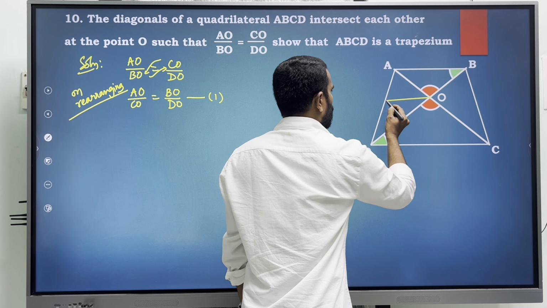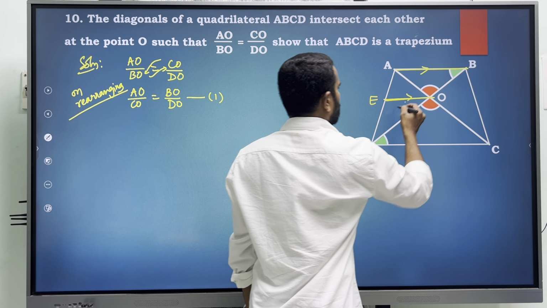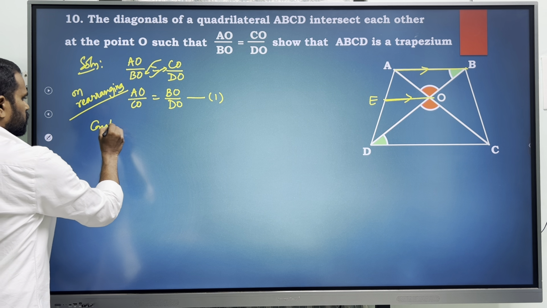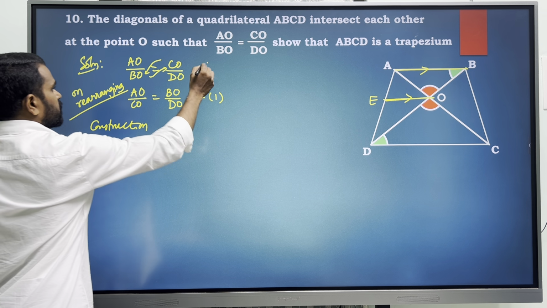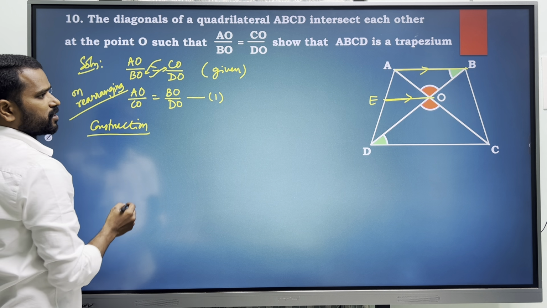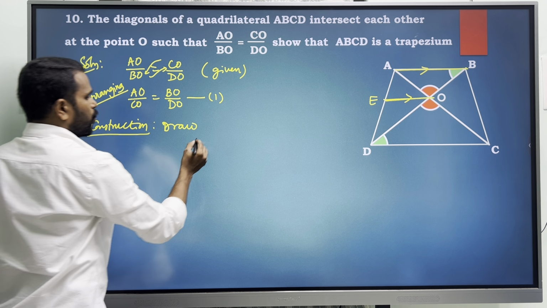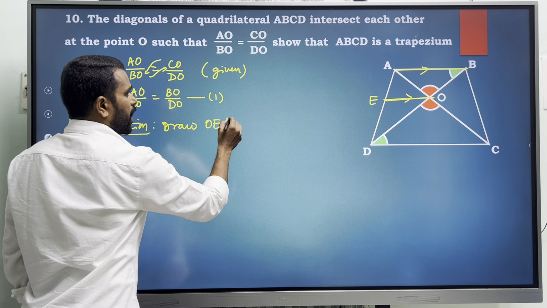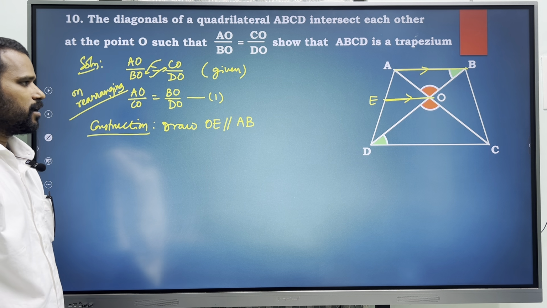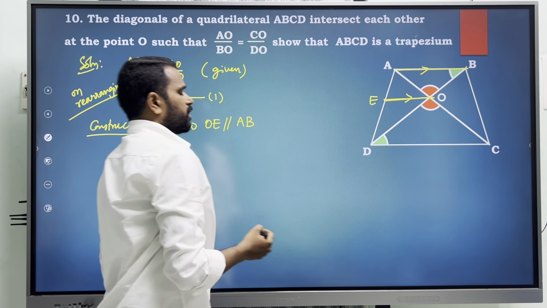Construction: I will draw OE parallel to AB. This is given, right? So the construction is to draw OE parallel to AB. Okay, we are drawing OE parallel to AB.